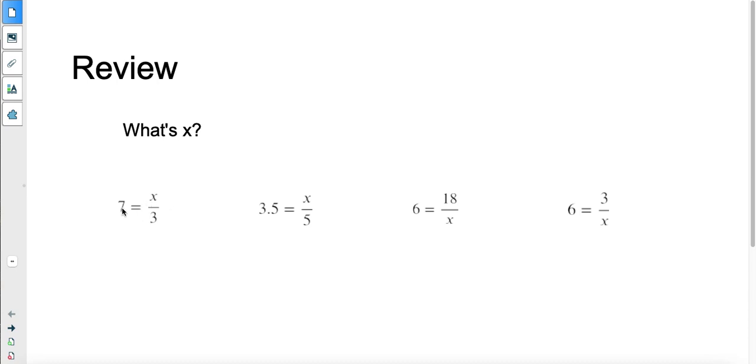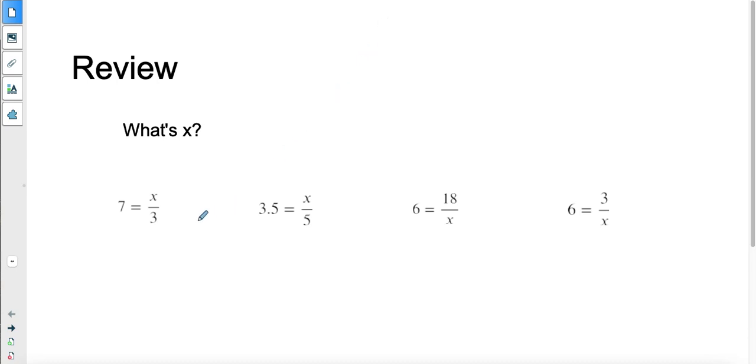First, we have 7 is equal to x divided by 3. We're trying to figure out what number I have to divide by 3 to get 7. Well, I know in this case, my number has to be 3 times greater than 7.